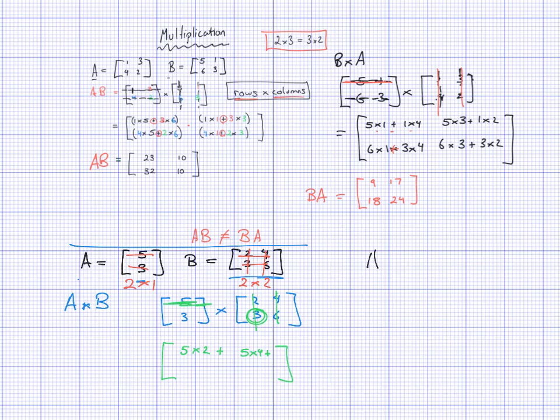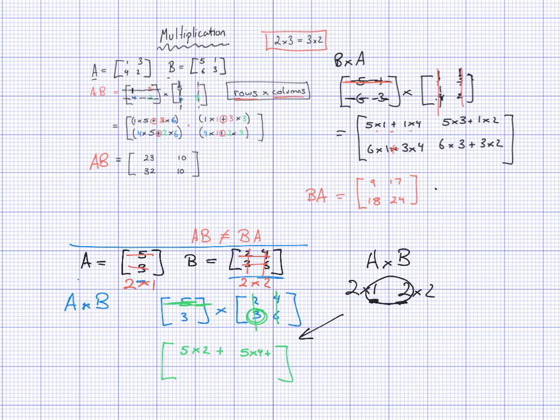So this was A times B, a 2 by 1 and a 2 by 2. I'm going to compare the columns in the first with the rows in the second. If they don't match, then there is no multiplication possible. The shortcut is to circle those two inside numbers. If they are not the same, I cannot multiply, like we've just seen in this example.